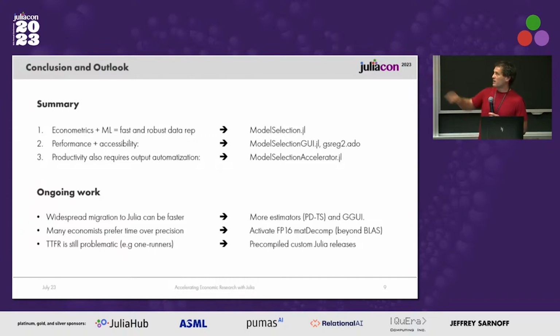And we are also working hard on the time to first answer. So we are working on precompiled custom Julia releases, so that you also get the first results fast.